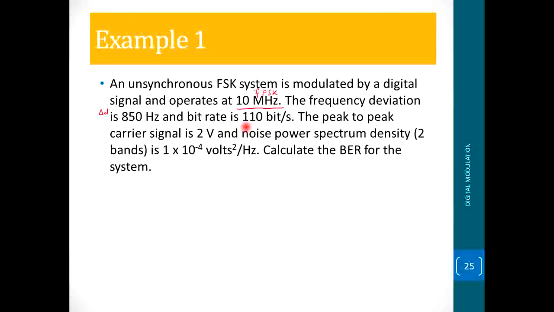The peak to peak carrier signal is 2 volts, and the noise power spectral density for two bands is 1 times 10 to the power of negative 4 watt squared per hertz. Calculate the BER. BER is also the same as PE. So this is the asynchronous system.